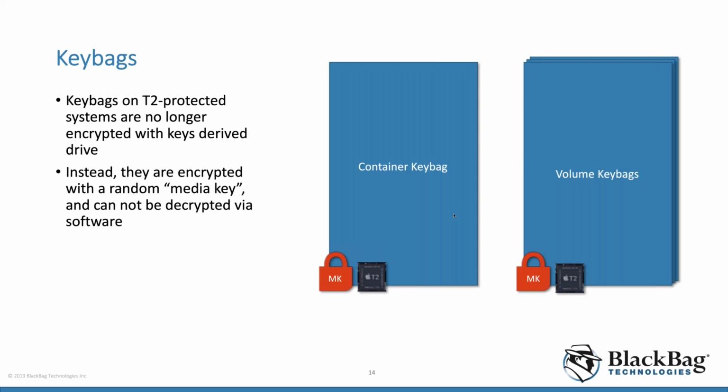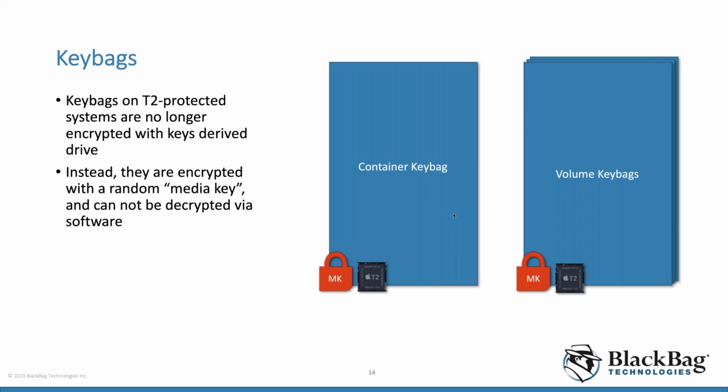Okay, now we're going to get into some subtle differences on how the keybags work on hardware-assisted T2 encrypted systems versus the software encryption. In T2 systems, you still have the same keybags. You have your container keybags and your volume keybags, and they contain the same sort of information.